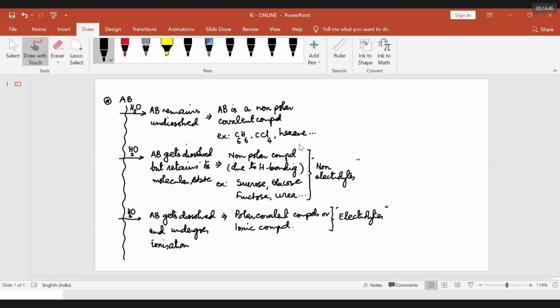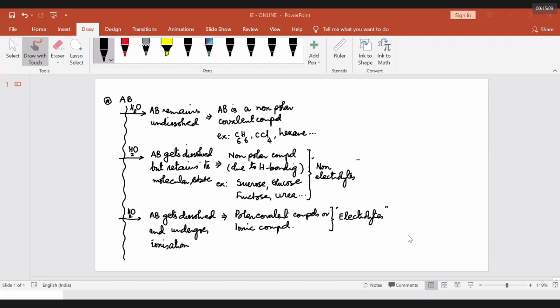Therefore, electrolytes are defined. I'll define this in second year syllabus electrochemistry. I want it here in a different style, therefore I have gone this way. But what is an electrolyte? An electrolyte is a substance which conducts electricity in its aqueous solution or in fused state. Solid sodium chloride, bad conductor of electricity.